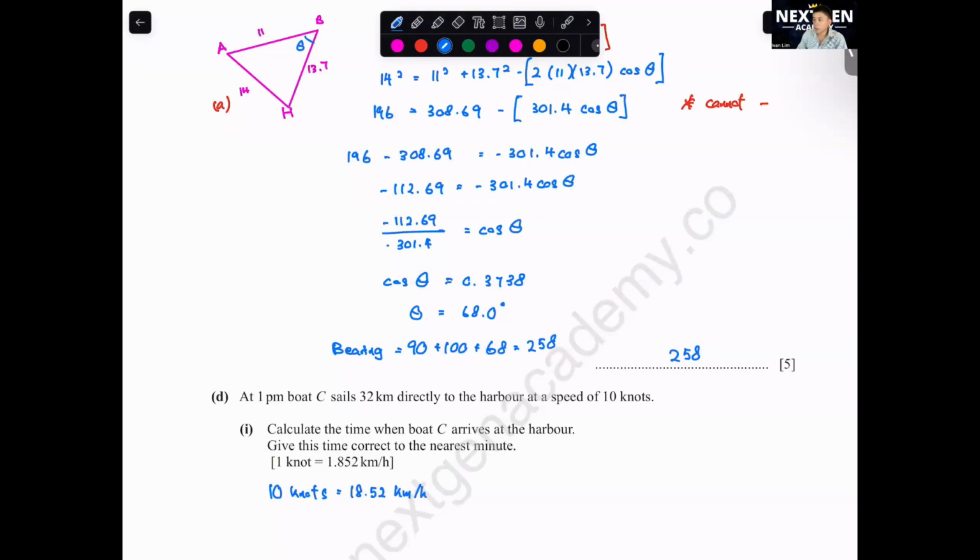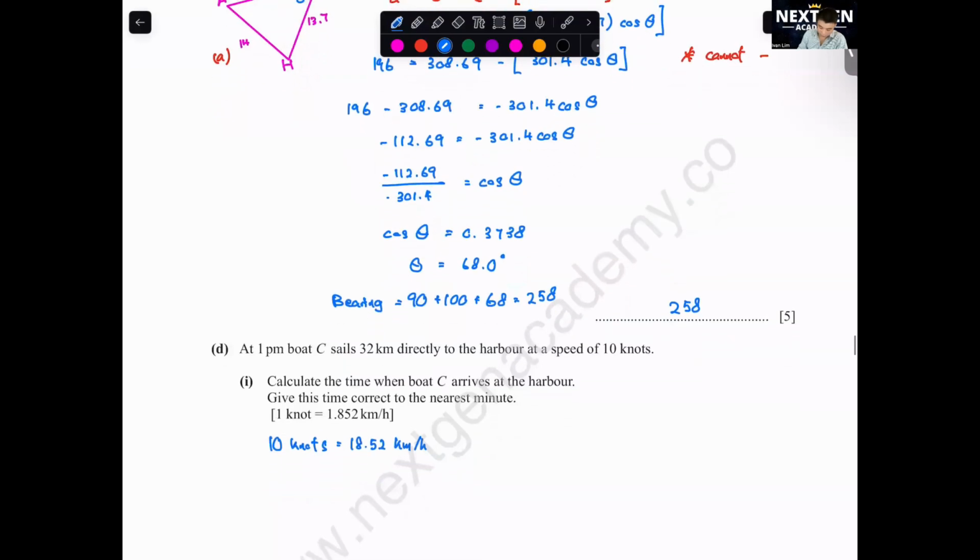What are they asking us here? Kilometers per hour. We can just use a ratio here. They say at 1 p.m., boat C sails 32 km directly to the harbor at a speed of 10 knots. This is per hour, right? You all see the units here? Right now we have 18.52 km per 1 hour, but I want to change it to minutes.